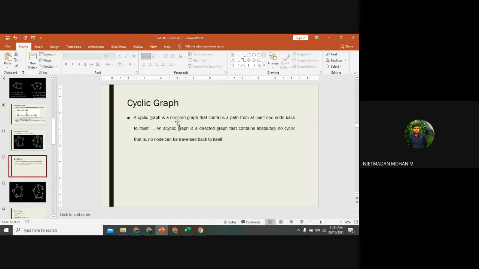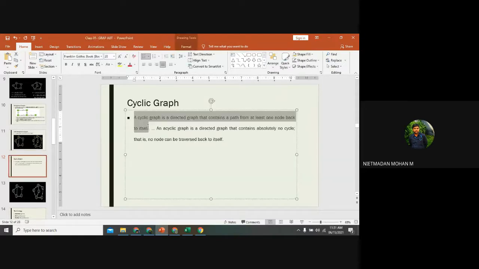And now coming to the cyclic graph. A cyclic graph is a directed graph that contains a path from at least one node back to itself. So remember this term. Clear?